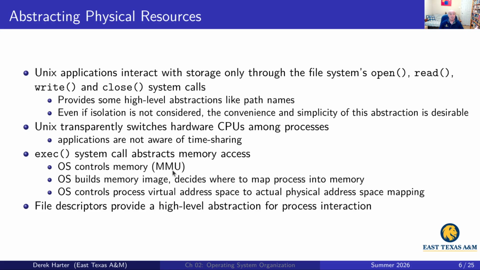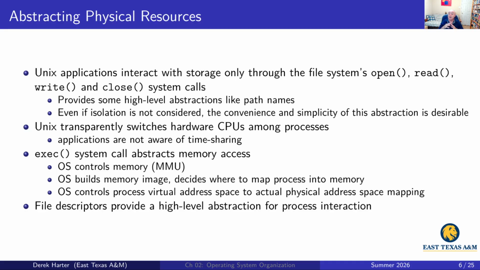A memory management unit has to be provided by the hardware level, which we'll learn about in the next chapter, chapter 3, on page tables and virtual memory. But we'll see some of this in this chapter as well, about how the operating system builds the virtual memory address space, mapping a process's virtual address space into physical memory. But if there's one thing that this second chapter is about, it's mostly the process abstraction.